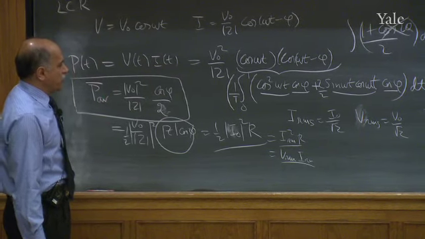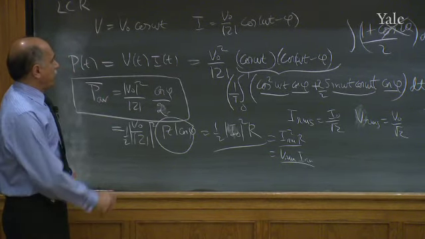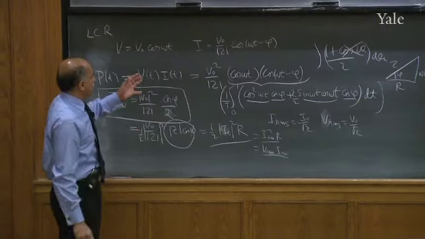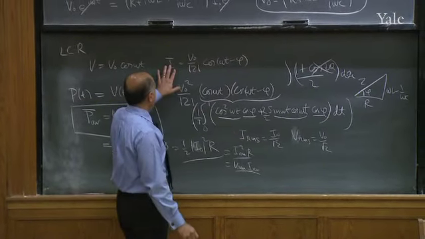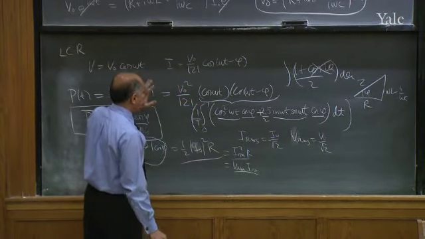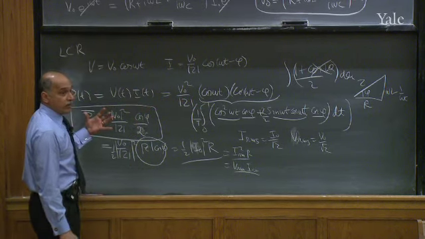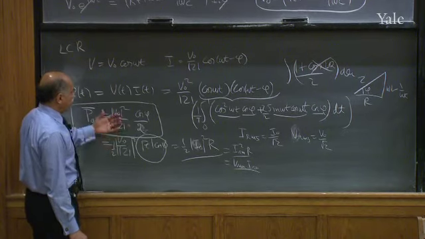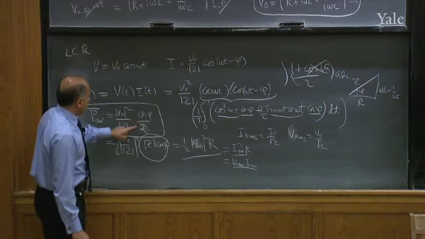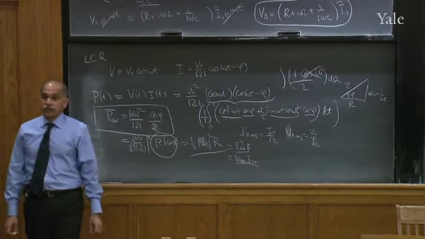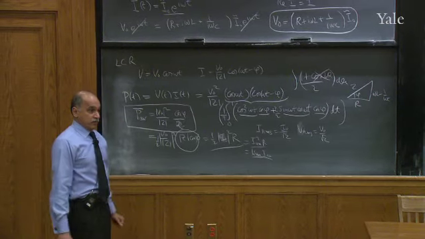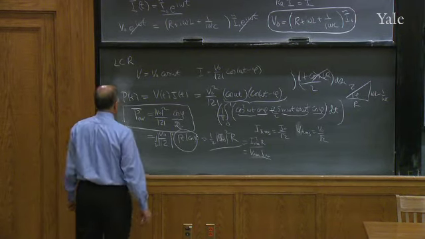Now, RMS means root mean square. There's a reason why for a trigonometric function it's got a number which is 1 over root 2 times the amplitude. But I don't want to go into that because we don't use it again. Main thing to know is if you want, you can redefine a new quantity, V naught over root 2 and I naught over root 2, so that these factors of 2 disappear and things look like the good old days of resistive circuits.